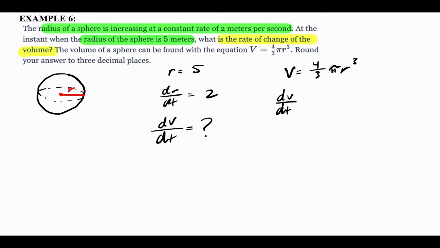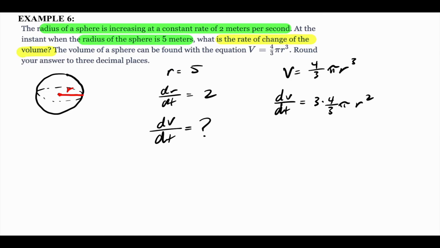dV over dt. Do I have to do product rule here? No. Pi is not a variable. The only variable I have here on the right side of the equal sign is r. 4/3 and pi, they're both constants. So I can just use the power rule. I'm going to move the 3 in the front, multiply that times 4/3 pi, and r is going to lose a power.